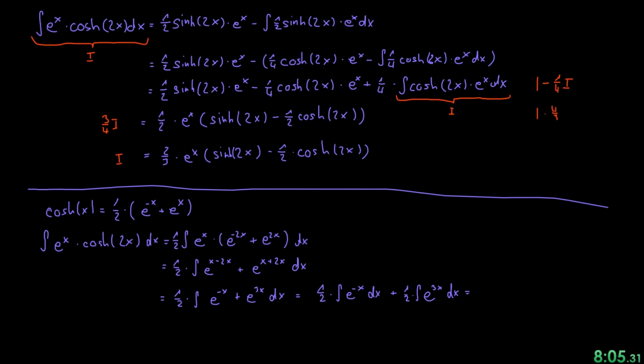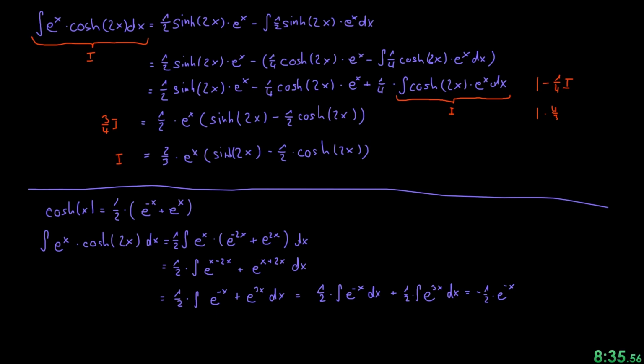Okay, and for the final step, let's just integrate it. The integral of e to the x, of course, is e to the x, and for e to the negative x, it's gonna be negative e to the negative x. Why? Because of the chain rule. Alright, we have negative 1 over 2 times e to the negative x, and for e to the 3x, that's going to be 1/3 e to the 3x.